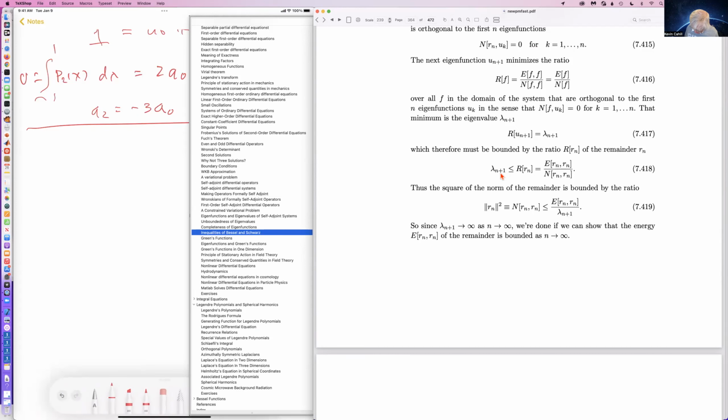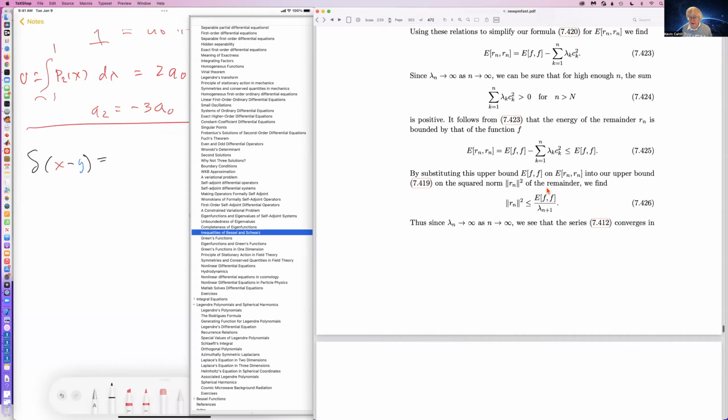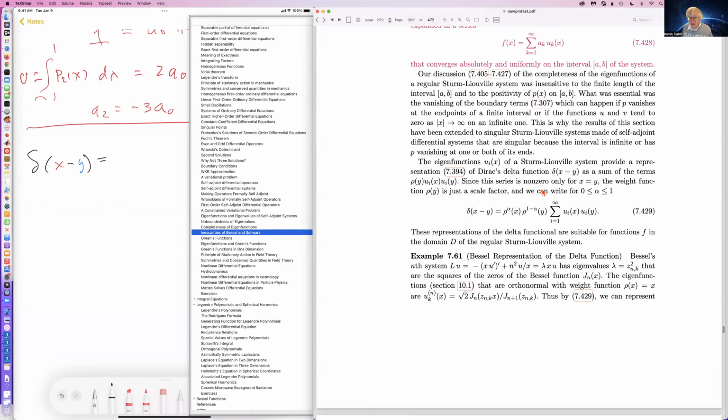So let me write it down for you. It would be delta of x minus y, and let's just say rho of x, just to make it simpler.